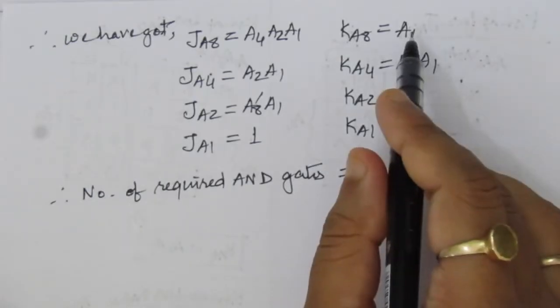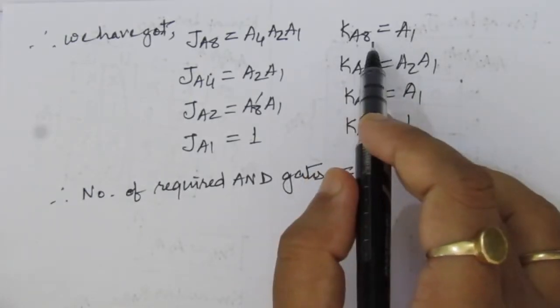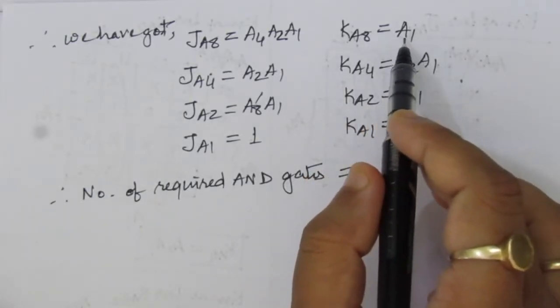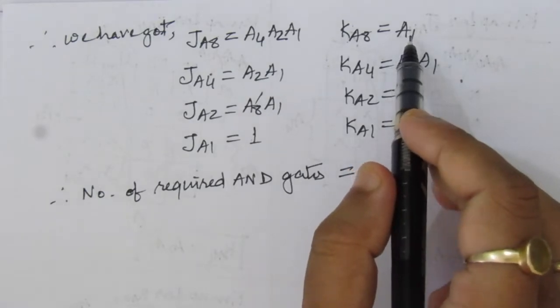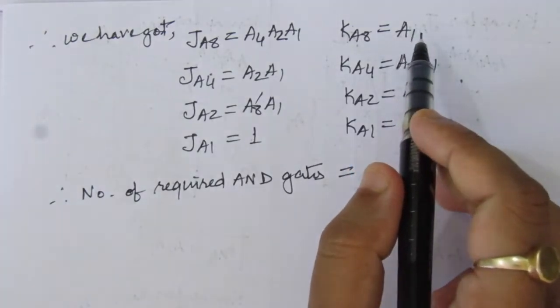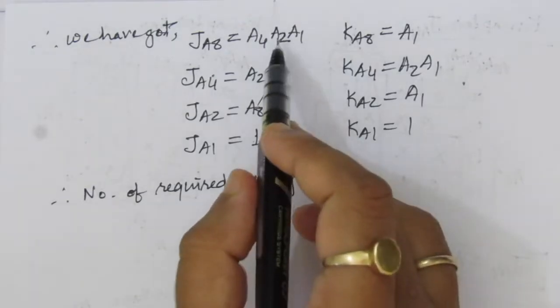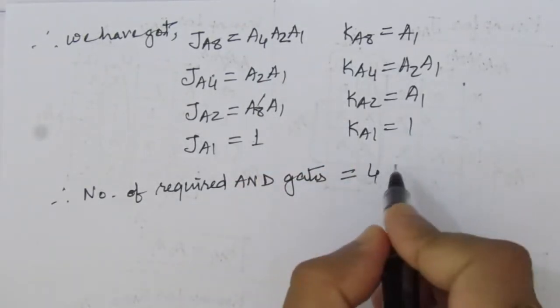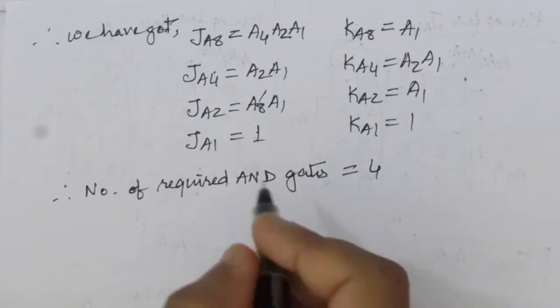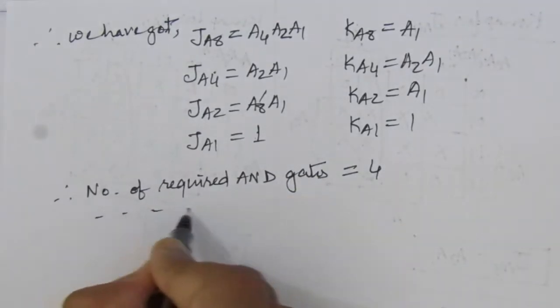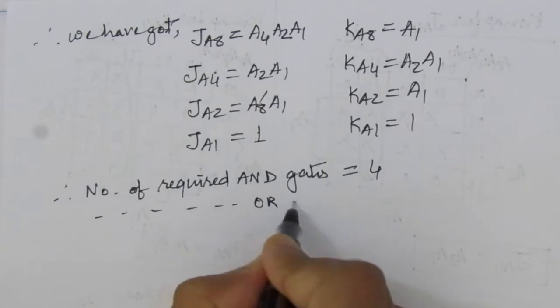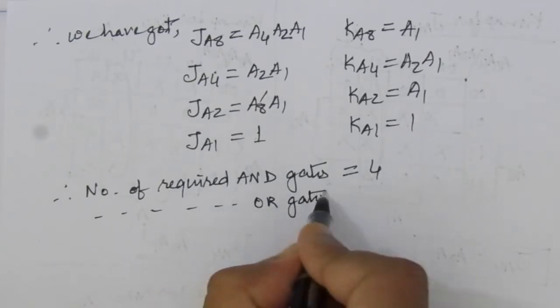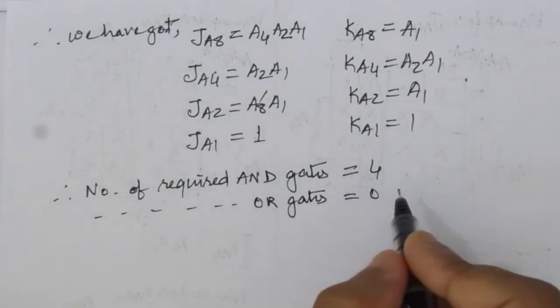So here we have to use 1, 2, 3, 4 AND gates, and the number of required OR gates is equal to 0.